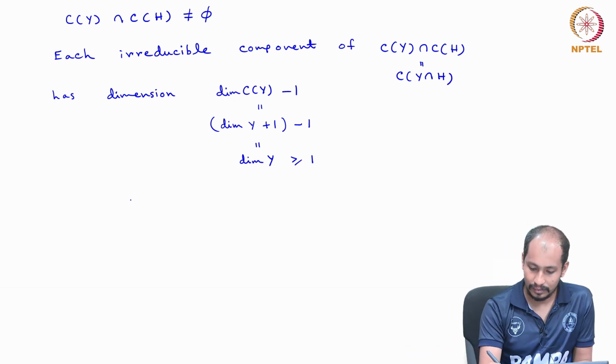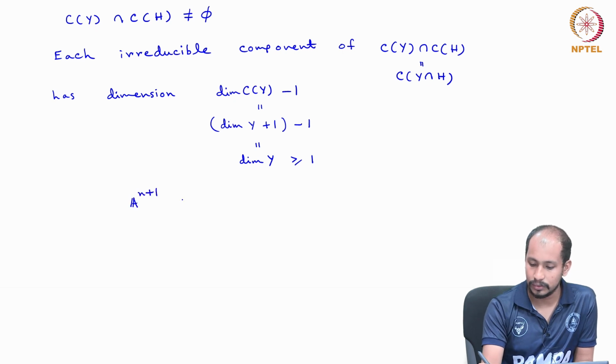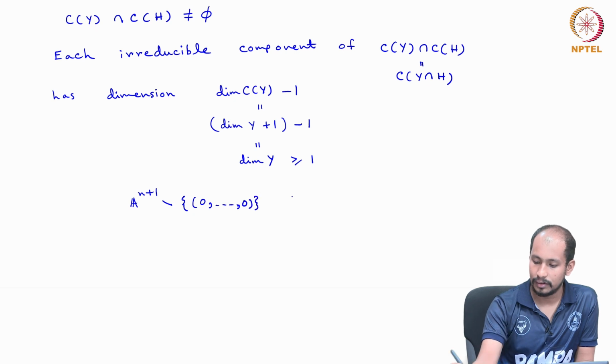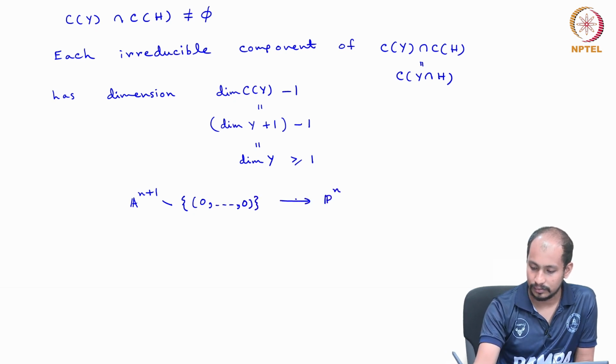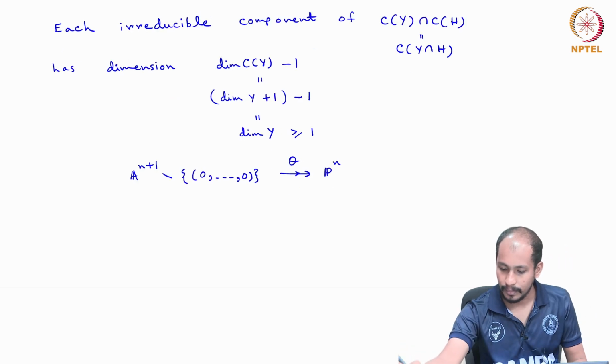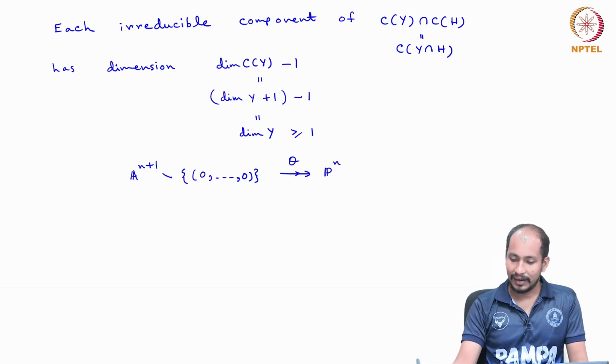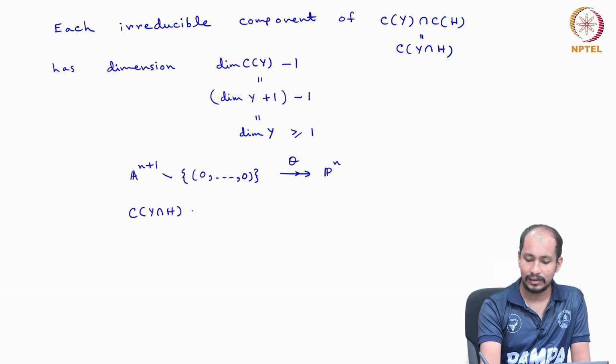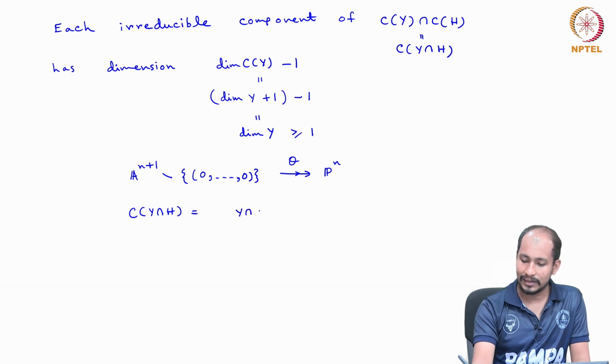Now we have this map theta from A^(n+1) minus the point 0 0 0 0 to Pn. And CY intersection H is nothing but the union of theta inverse of Y intersection H and the point 0 0 0 0.